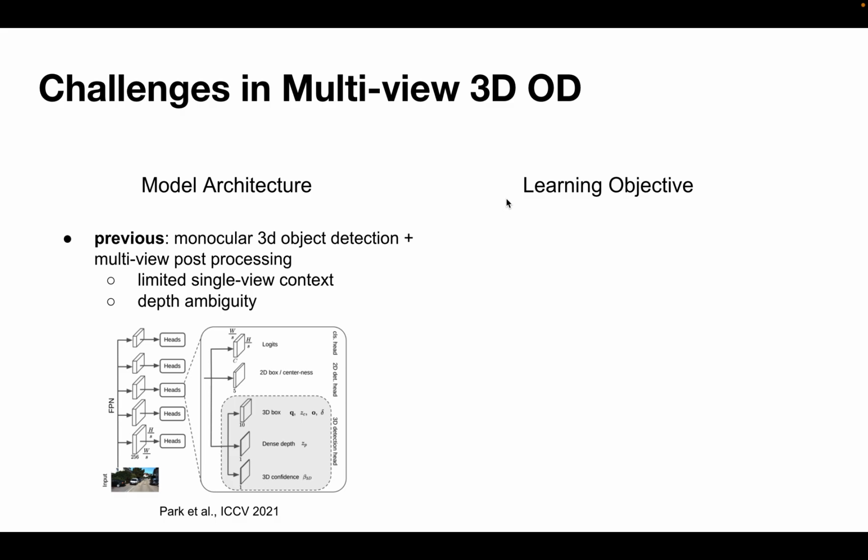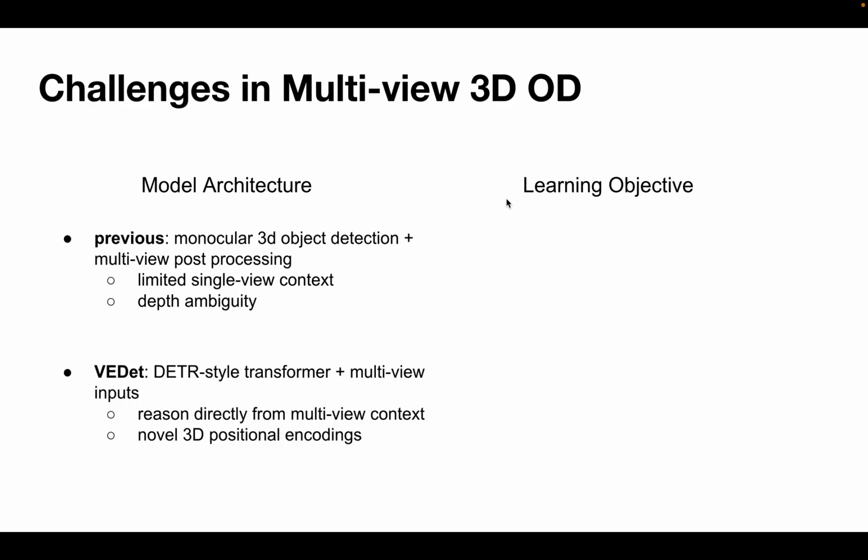This has some clear drawbacks, such as limited single-view context and depth ambiguity from monocular images. Our VEDET, like some recent works, adopts a DETR-style transformer which directly reasons from multi-view context with our proposed novel 3D positional encodings.